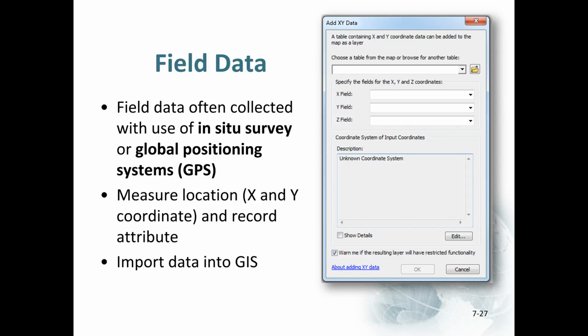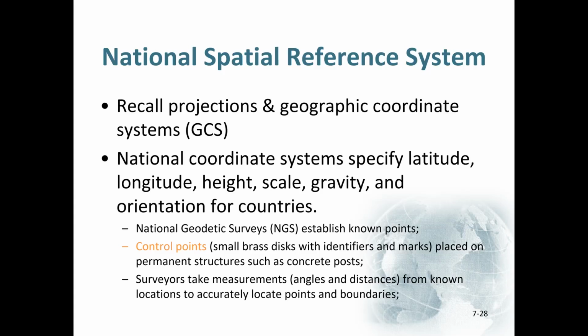Sometimes we do use field data to digitize, where we collect latitude and longitude records and then import them into GIS. That's how we use the National Spatial Reference System. Control points will be identified, and surveyors sometimes have to go out to collect data for the known locations to accurately locate some of the points and boundaries.